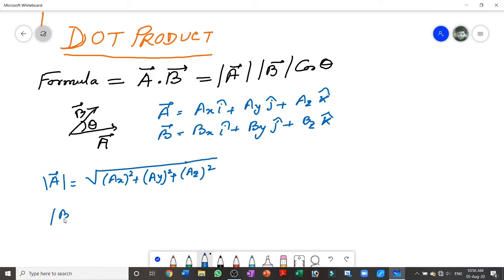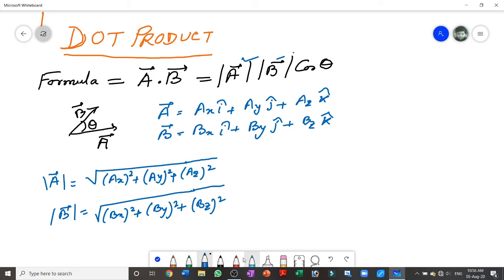Similarly, mod b vector equal to root under bx whole square, by whole square and bz whole square. So calculating these values and just putting here and here, we will get a magnitude of both a and b and multiplying with cos theta.